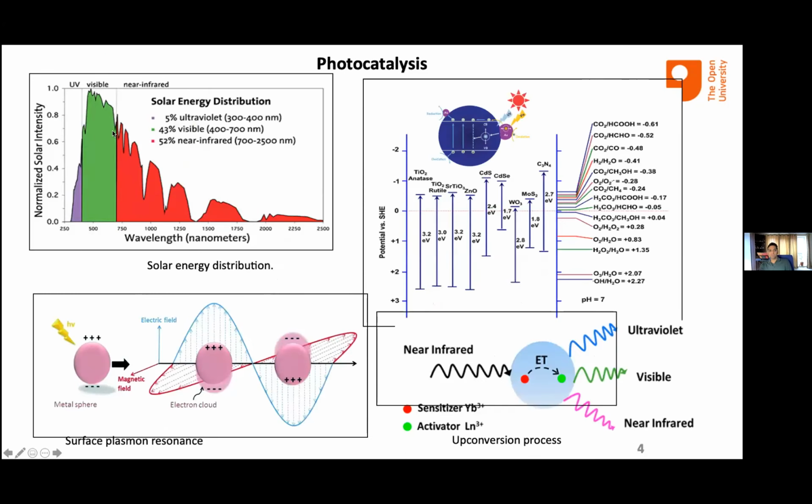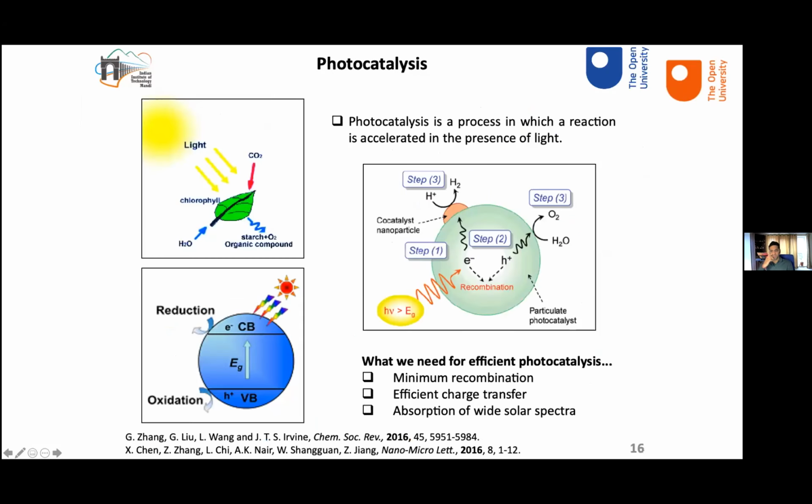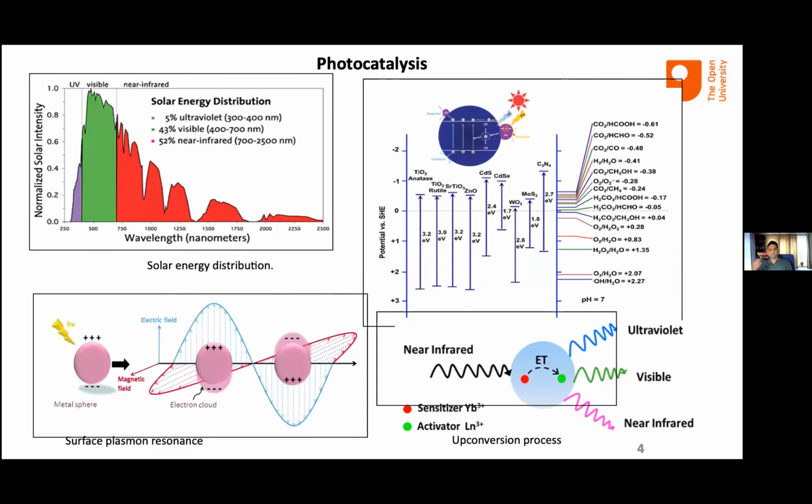While choosing the material, this is the solar energy distribution pattern, from UV onward. You can see that only 43% of the radiation is visible, and the rest is near infrared, etc. But we wanted to use the power of visible and UV, to see whether we can tap that light straight away. And what are the materials which can respond to this?